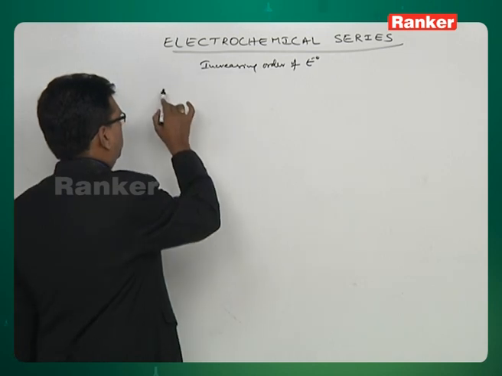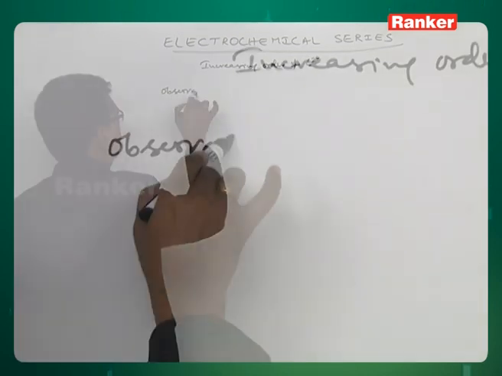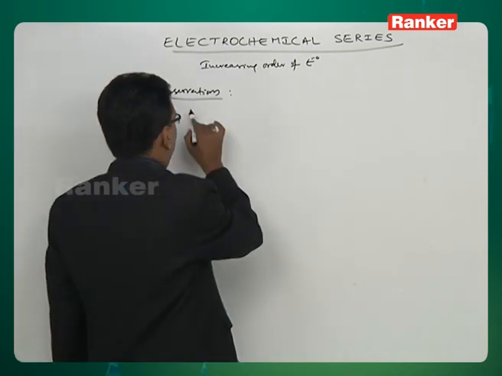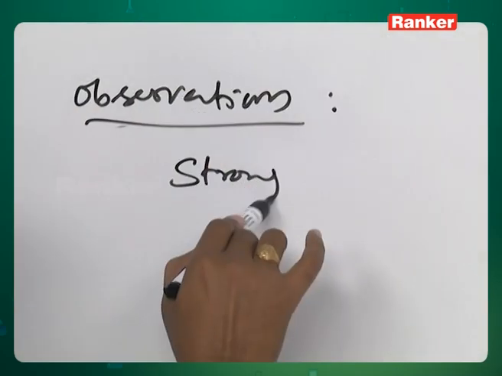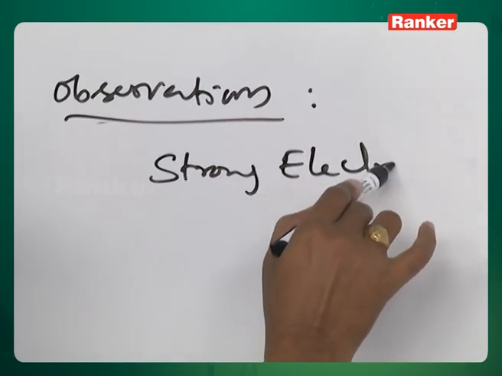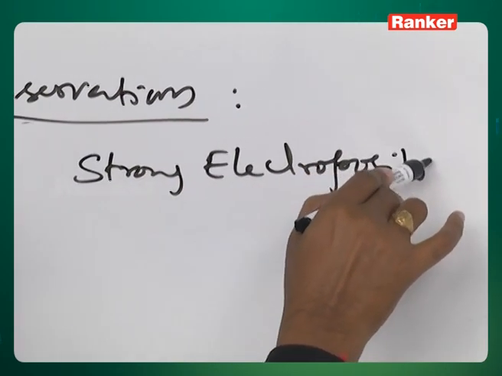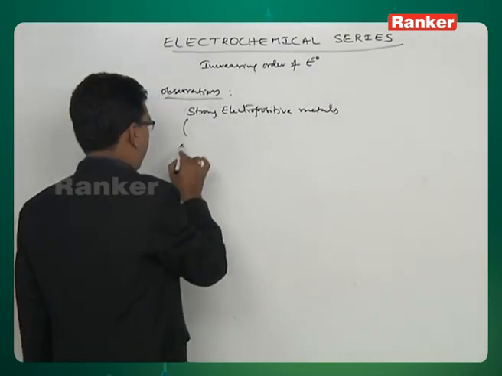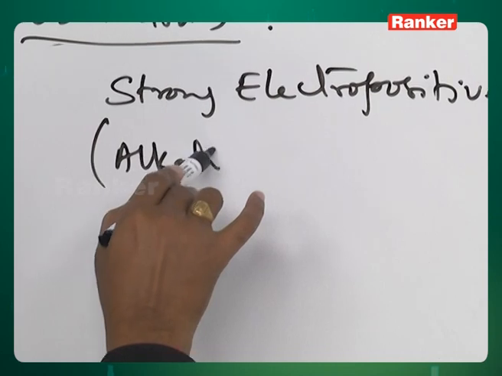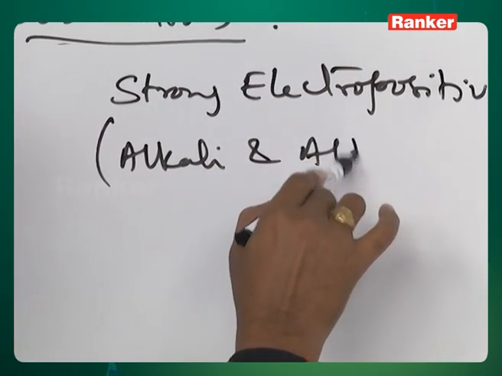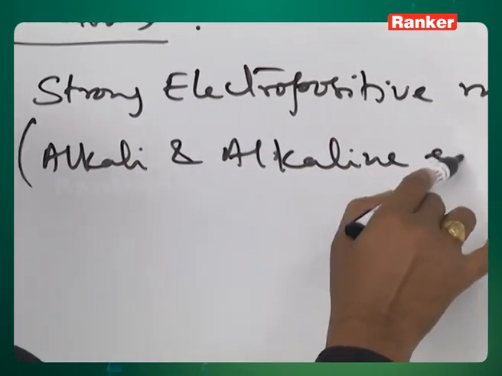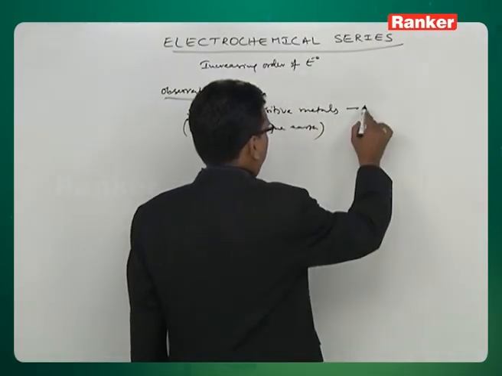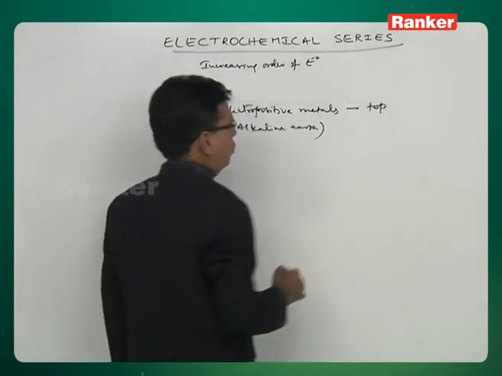So, what are the observations? Observations made are that strong electropositive metals like alkali and alkaline earth metals are at the top of the table.